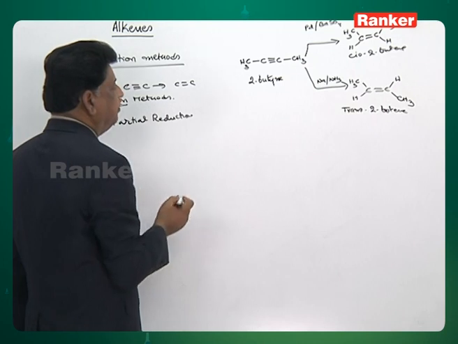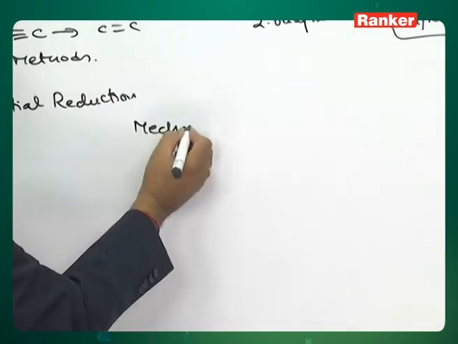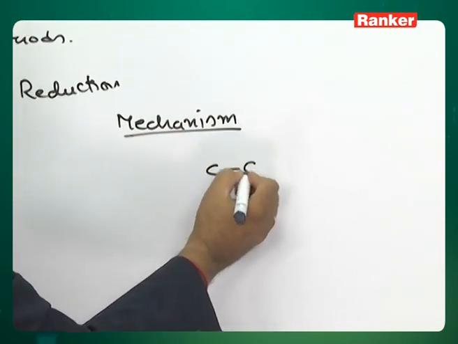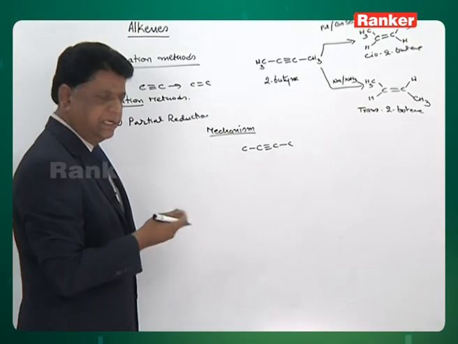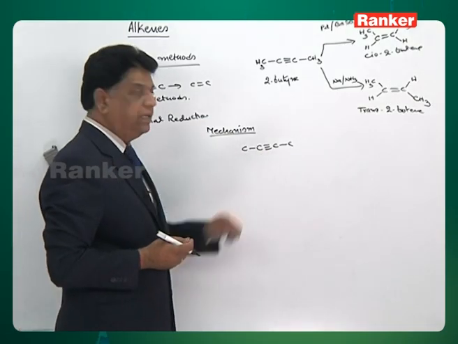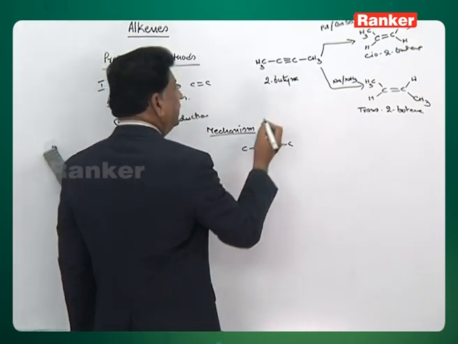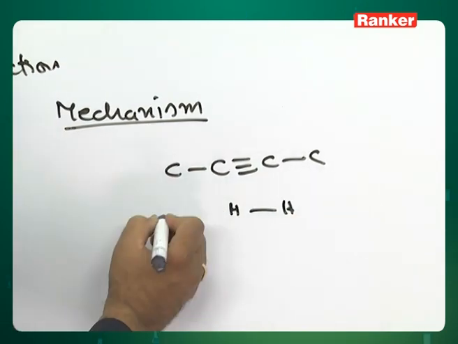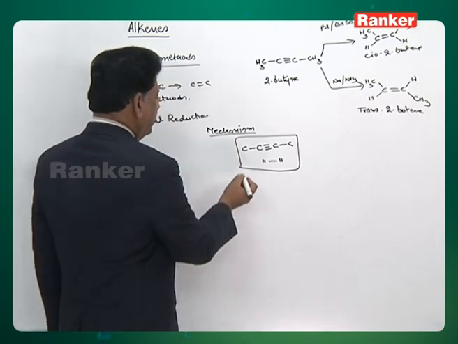In the first type of reduction, the mechanism for the cis type of formation: 2-butyne, if it is represented, is a linear molecule, a straight chain structure, because the middle carbons are sp hybridized. This molecule and the hydrogen gas are both adsorbed on a palladium particle.